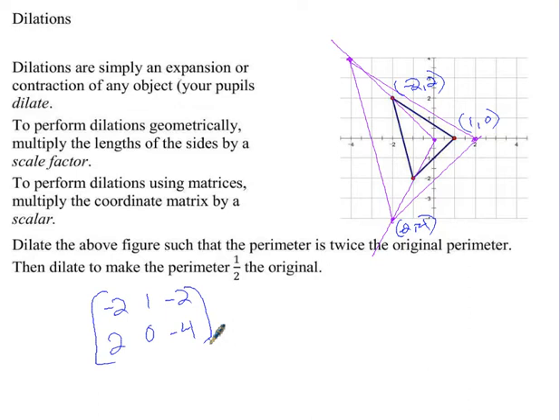Okay, now I'm multiplying by a scale factor of 2. So I slap that 2 out front, and then I send it in. And I get -4, 2, -4, 4, 0, -8.